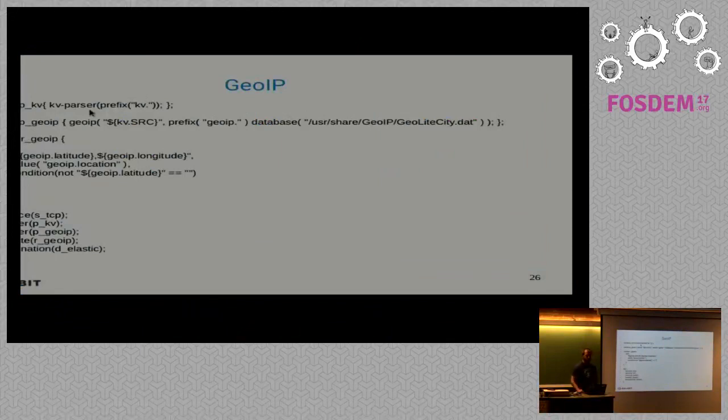First of all, you need a key value parser to extract the different fields from the message. In this case, the source IP. For the source IP, the geolocation is looked up. As Kibana needs a specific format for it, it's rewritten to that format. And here in the log statement, all of these building blocks are combined.